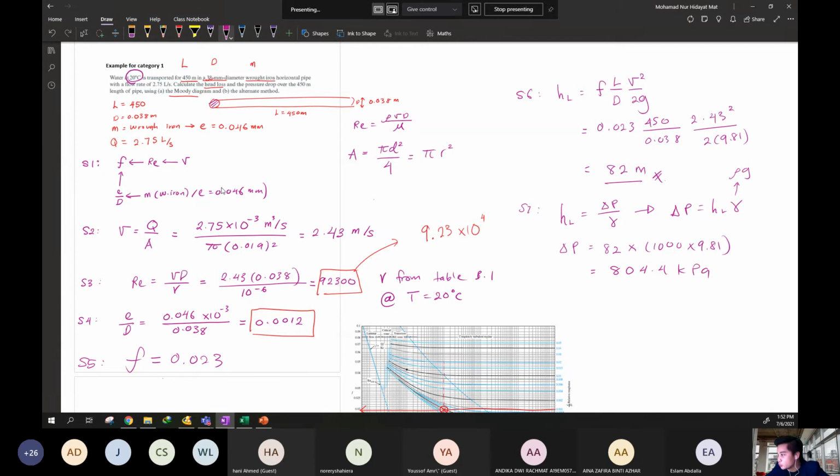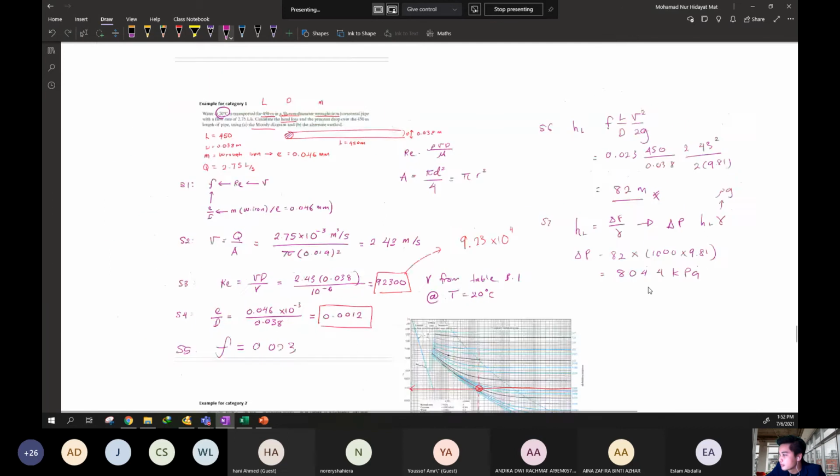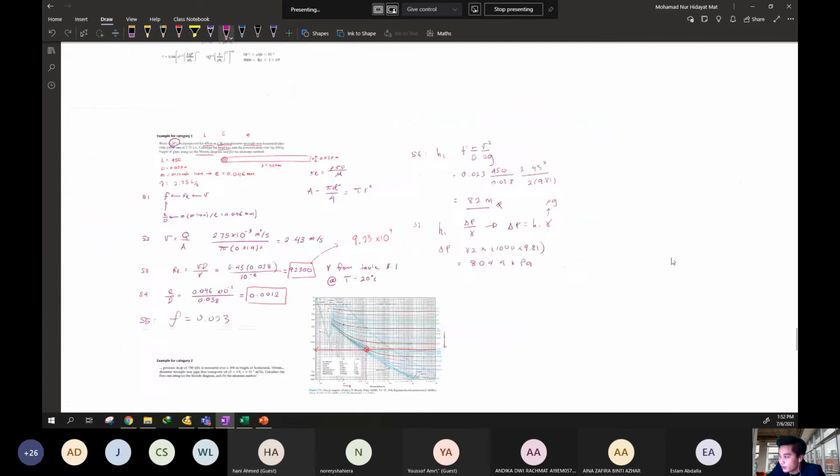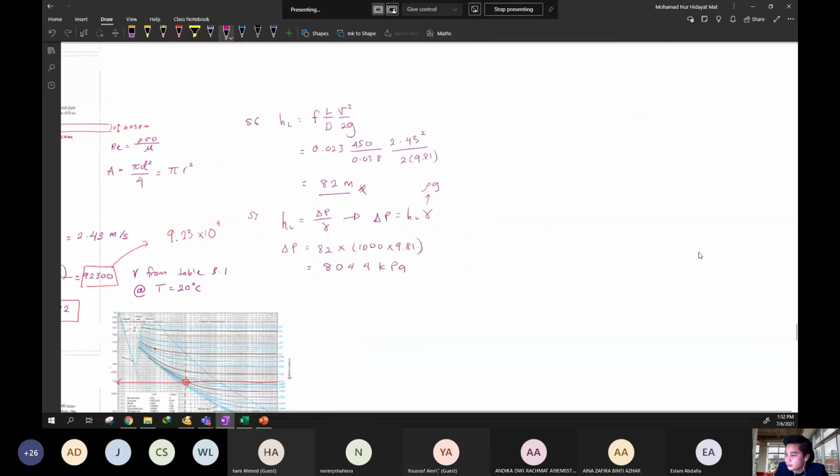Okay, so what can you deduce from this one? I want to make this very clear here. We have a very long pipe. Let's say the pipe is 450 meter, and the outlet is at atmospheric condition, so pressure 2 is equal to 0.